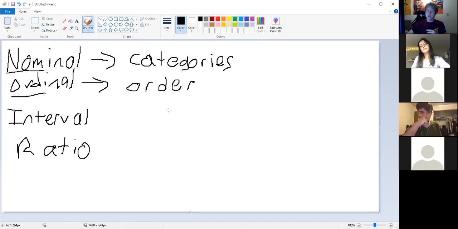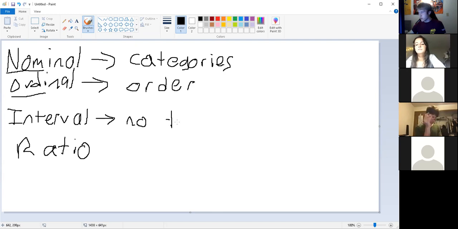Order. And then interval and ratio are the ones where theoretically, or in practice, all the points are evenly spaced apart. But this one doesn't start from 0. No true 0.